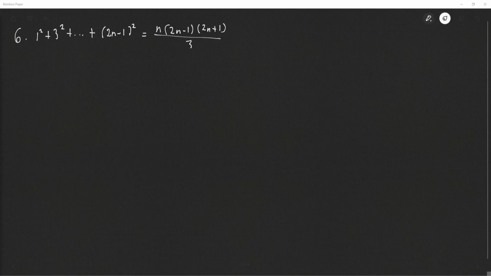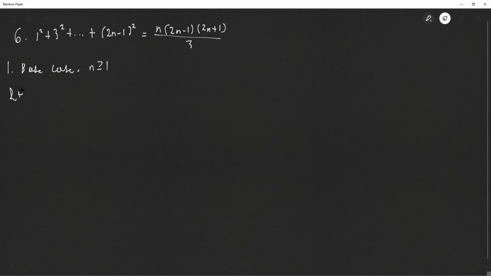Now we have our final question where it's 1 squared plus 3 squared all the way up to 2n minus 1 all squared is equal to n times 2n minus 1 times 2n plus 1 divided by 3. So our first thing is our base case. So this is going to be for when n is greater than or equal to 1.